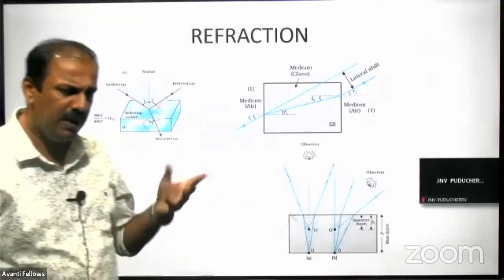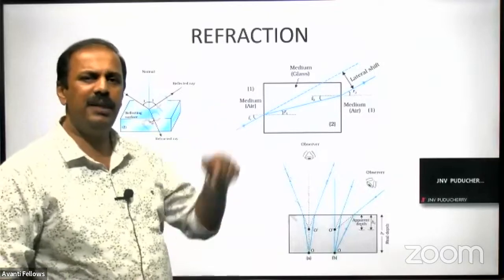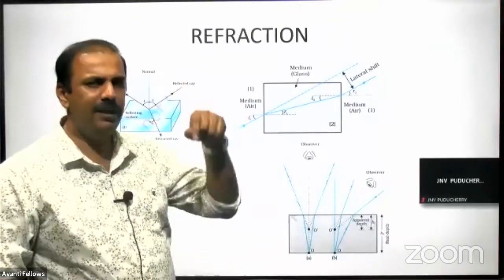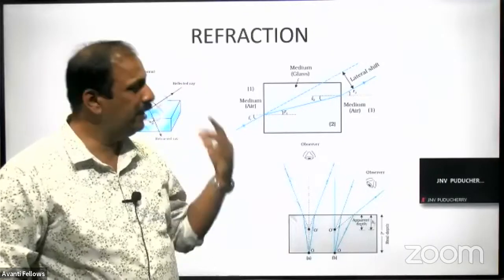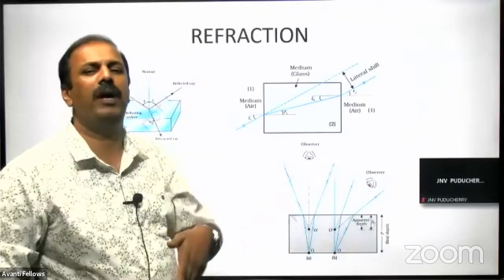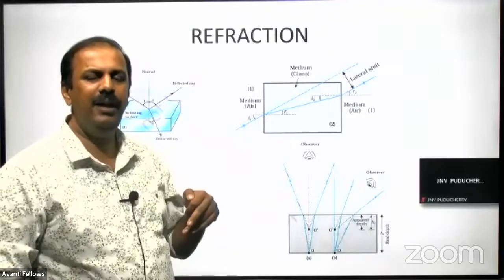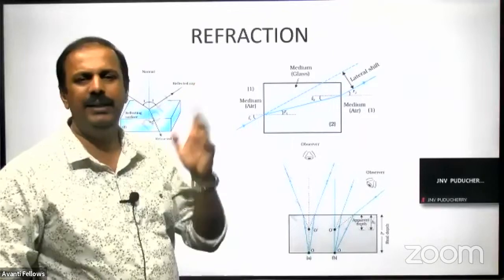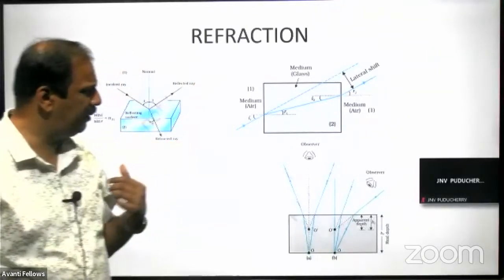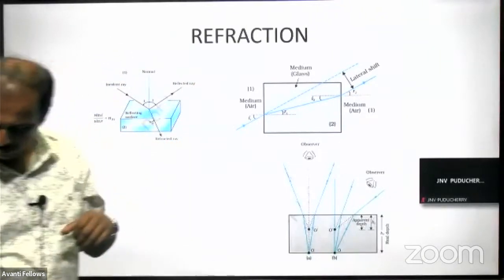What was the second part of the law of reflection? Incident ray, reflected ray, and the normal at the point of incidence all lie in the same plane. Here also the same, but not reflected, refracted. That is, incident ray, refracted ray, and the normal at the interface all lie in the same plane. That's the first part.